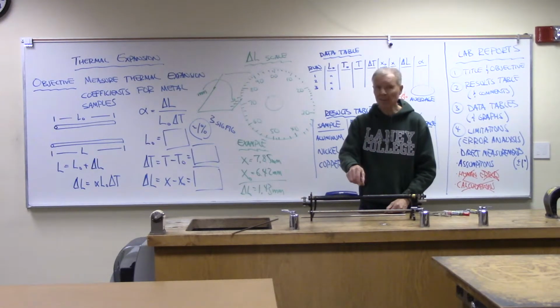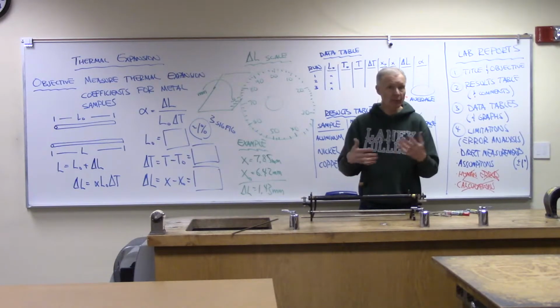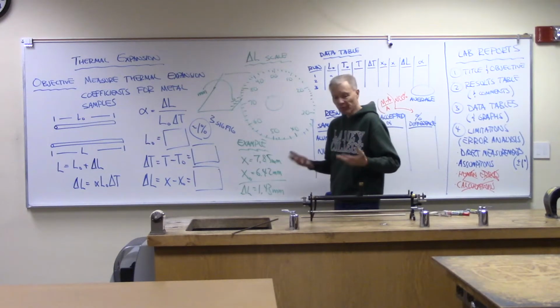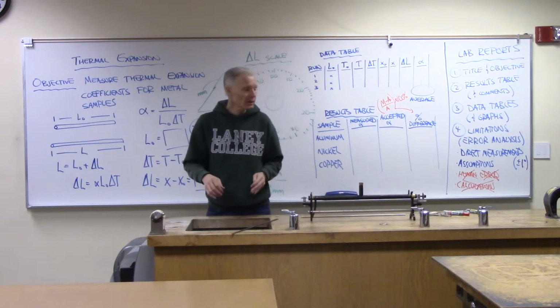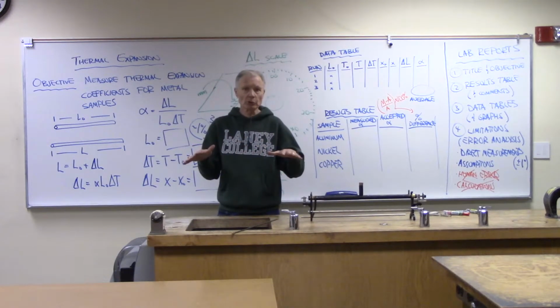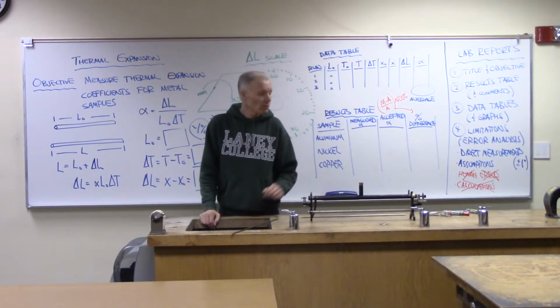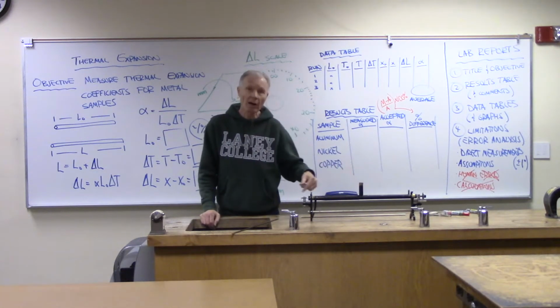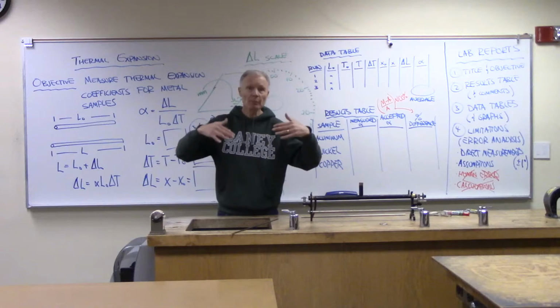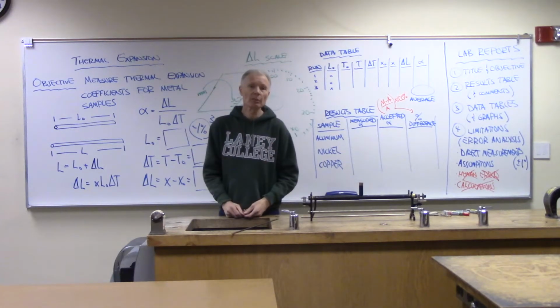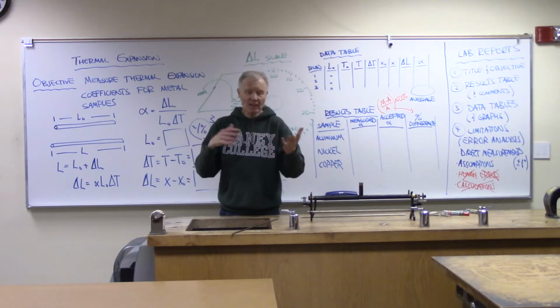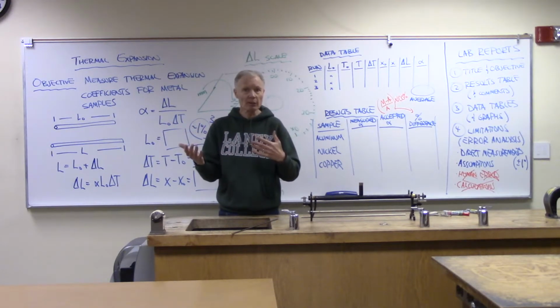The thermometer is going to keep track of the temperature variations. It's going to start off somewhere around room temperature, 22, 23 Celsius, and by the time we've sent a lot of steam through here, the temperature inside is going to rise up to around 100 Celsius. So that's the temperature increase that we're going to see.